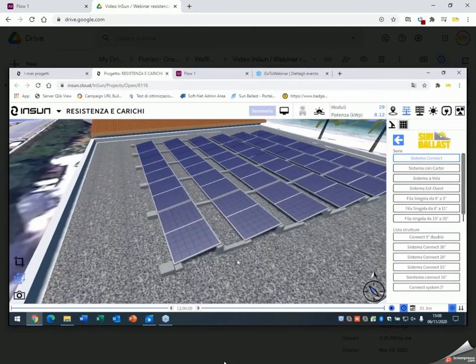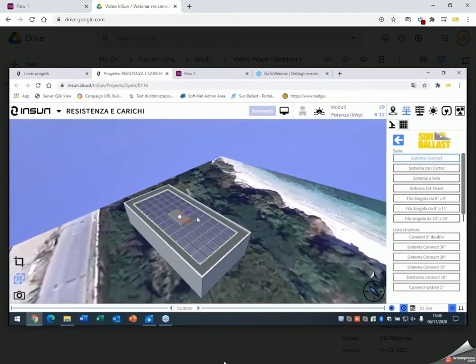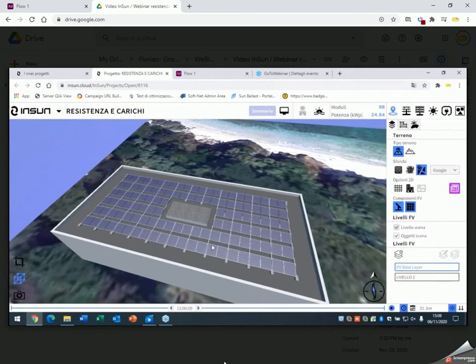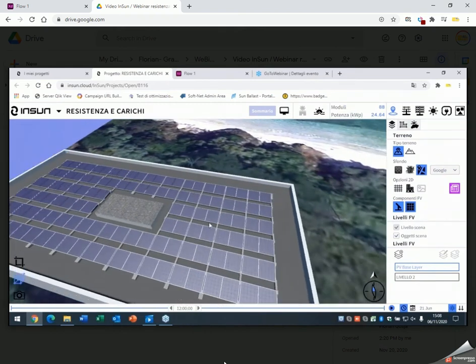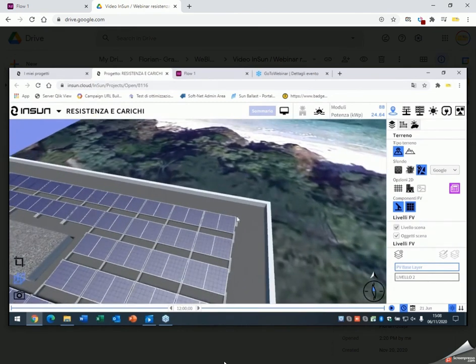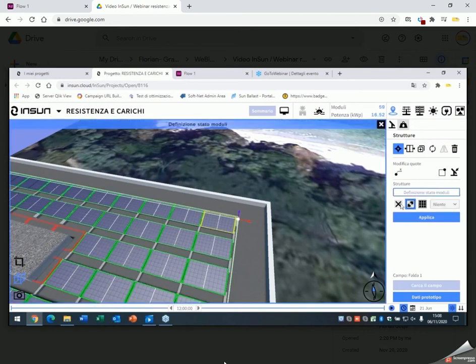Despite the grid of the ballast and panels, the system is still adjustable, as sometimes it happens to have some obstacles on flat roofs, like we see in the next design. Despite this, the Sun Ballast Connect system makes it even possible to overcome these obstacles. Specifically, the software, as you can see right now, allows you to delete the panels that cannot be installed because, for example, you have obstacles or chimneys, skylights or other types of obstacles.